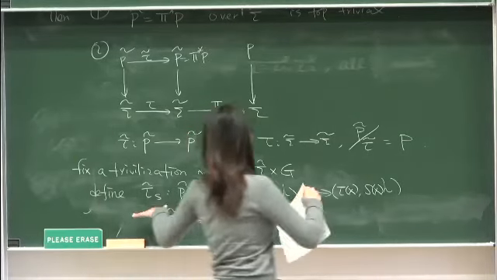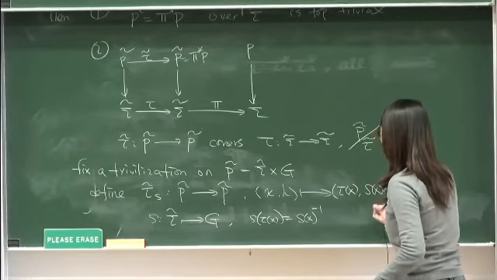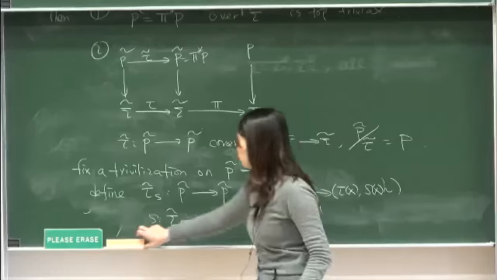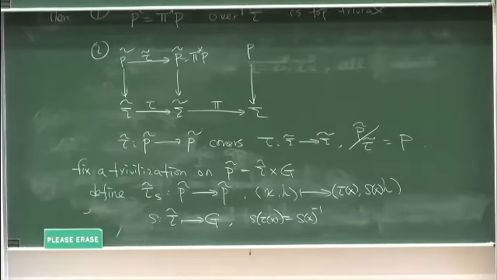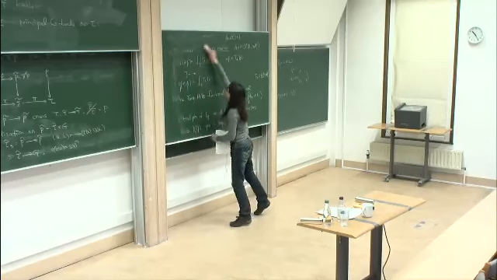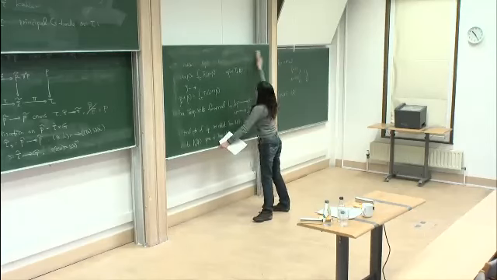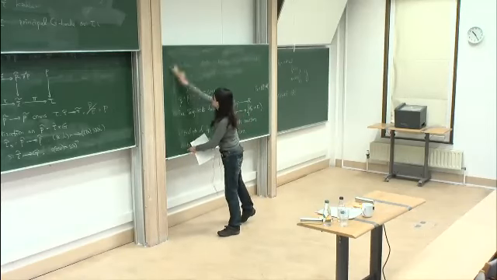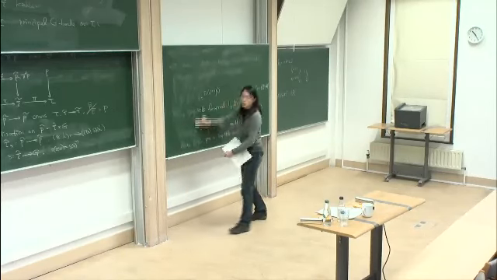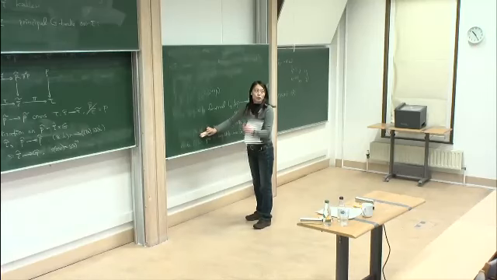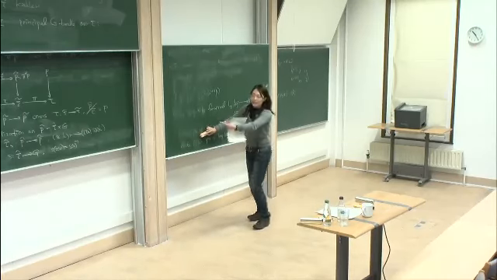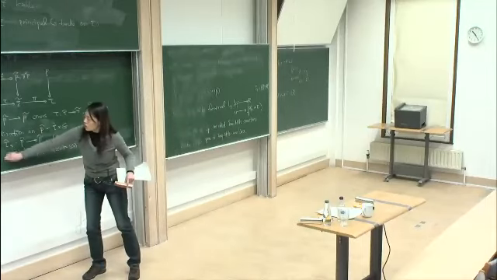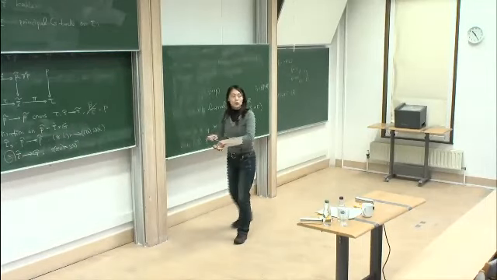Okay, so with this tau_s, you can look at the quotient under this tau_s. So p tilde quotient out by this tau_s gives you a principal bundle downstairs. And this principal bundle, its topological type can be determined by this s. There is a very precise way to see it.